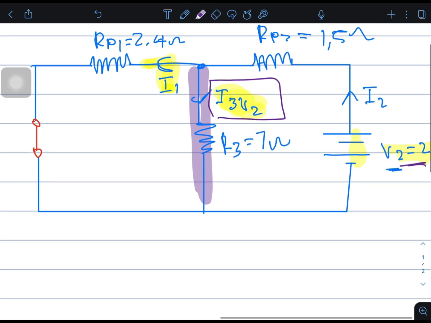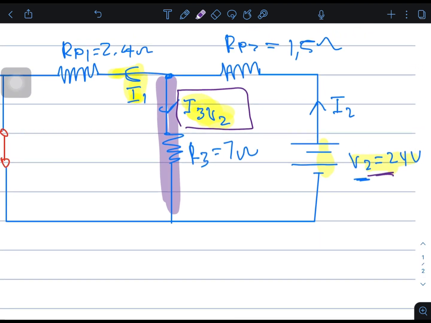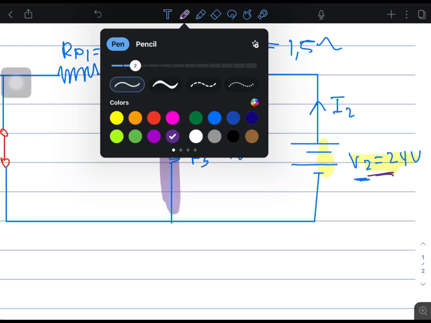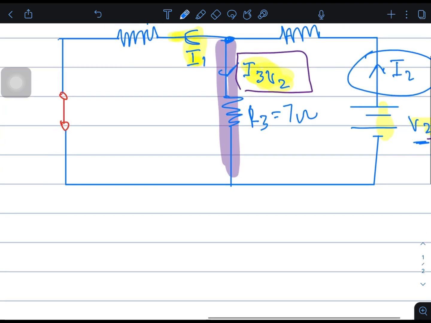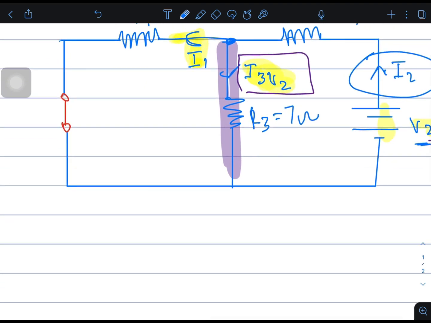So the first thing we have to find is RT. After finding RT, we can find the total current. The total current comes here and splits, and then we use the current divider rule again. So how do we find RT?